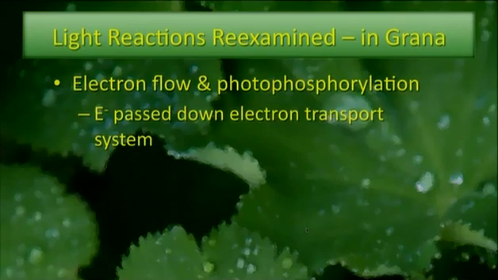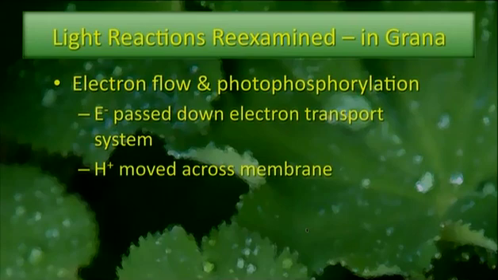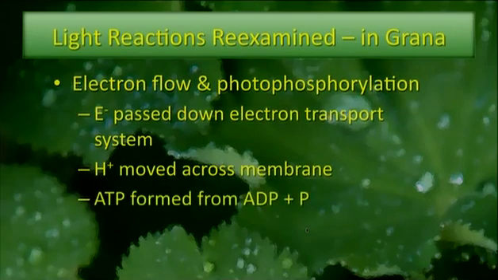The hydrogen ions are moved across the membrane like we talked about earlier, and ATP is formed from ADP plus a phosphate group. ADP, or adenosine diphosphate, is phosphorylated to form adenosine triphosphate, or ATP, and that's done by ATP synthase, a membrane protein complex.